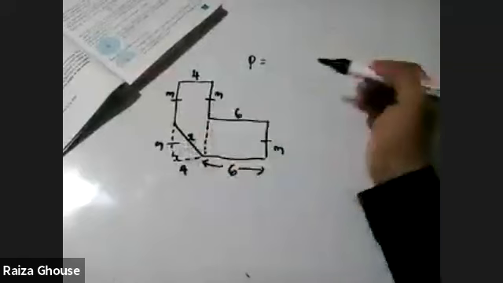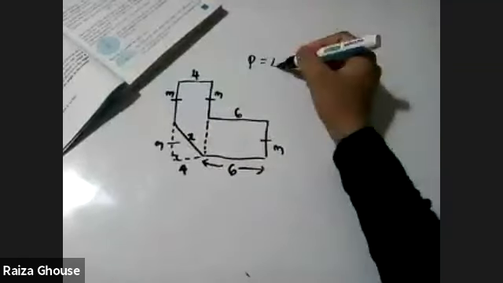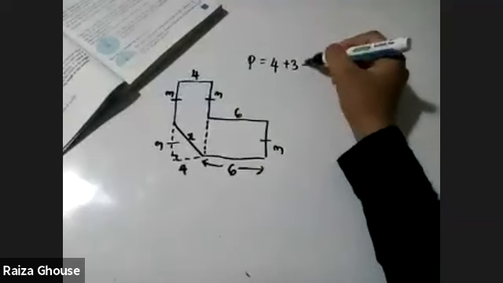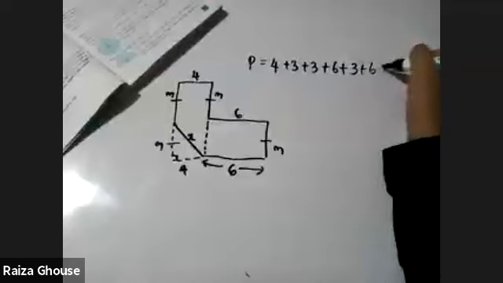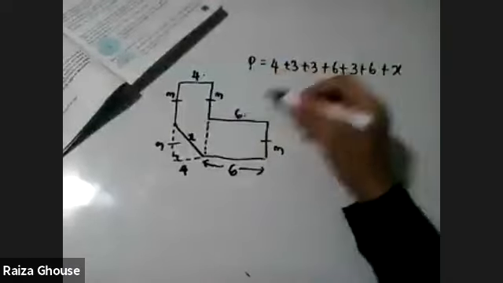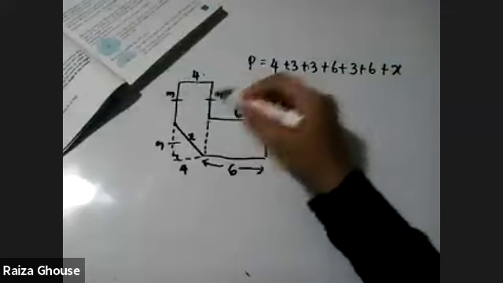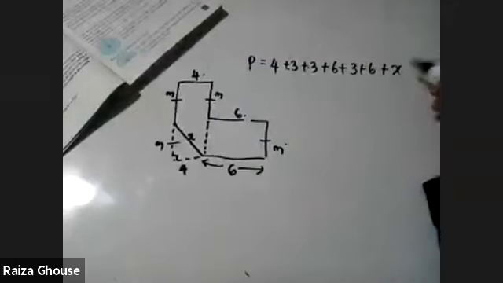Right. Remember, they are 90 degrees. Yes, very good. What is the theorem you have to apply here? Pythagoras theorem. Okay, wait a second. 6 plus x. Did I take everything? 4, 3, 3, 3, 3, 6, 3, 6, x.